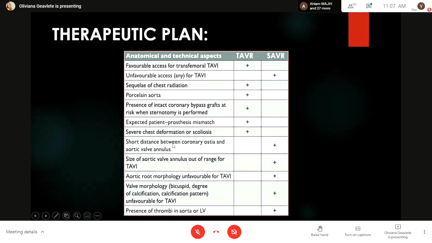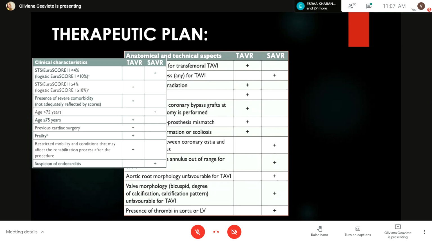If you have a short distance between coronary ostia and the aortic valve annulus, if the size of the aortic valve is out of the range for TAVI, if the aortic root morphology is unfavorable, and so on, you will have to choose surgery. In a patient aged 80, it is quite problematic.